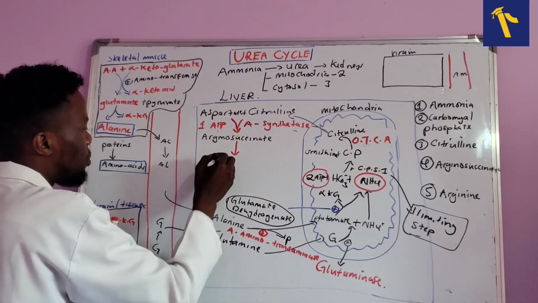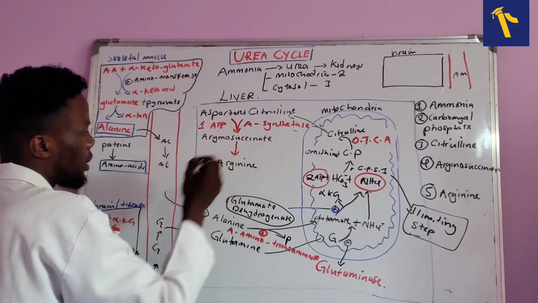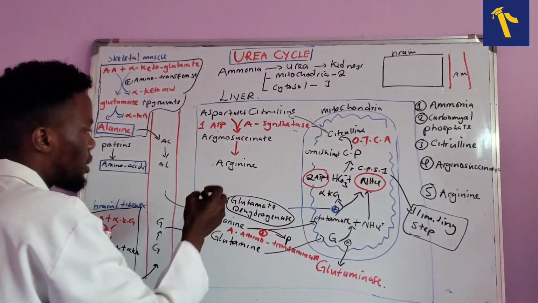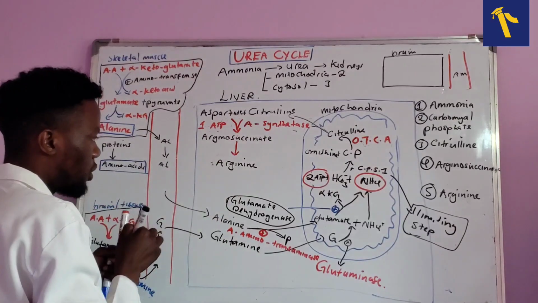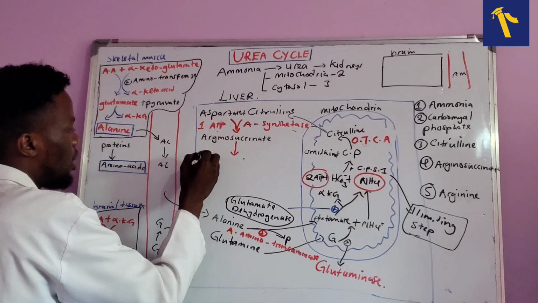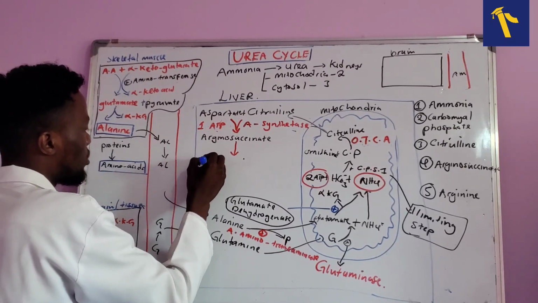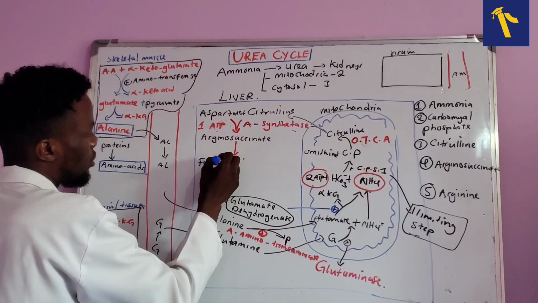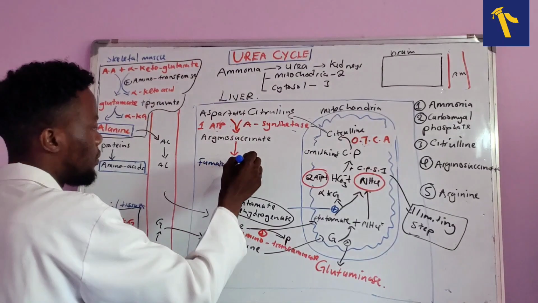Argininosuccinate will be converted into arginine, plus another important molecule which we call fumarate. So you need to understand here that 2 important molecules are going to be produced: fumarate plus arginine.